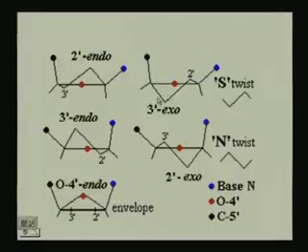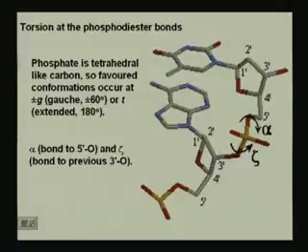Now, based on the orientations of the sugar rings and their conformational considerations, you can position the base. The reason why we need to position the base is to form favorable interactions. Okay? So, this is what we have.